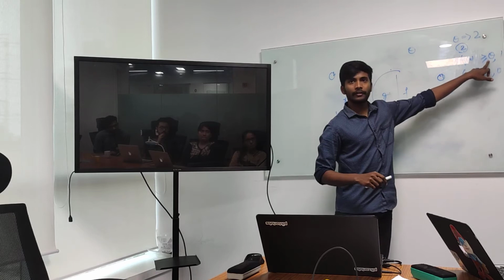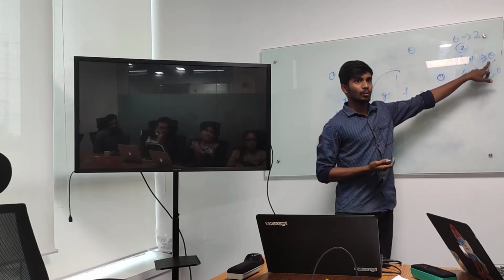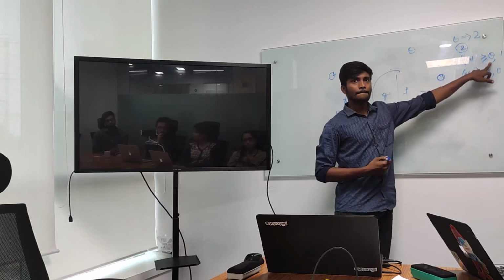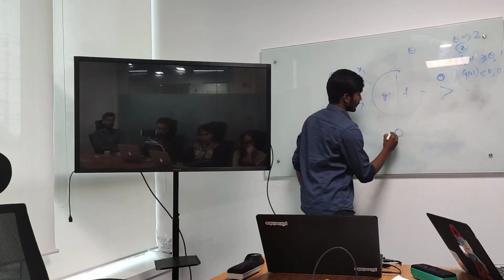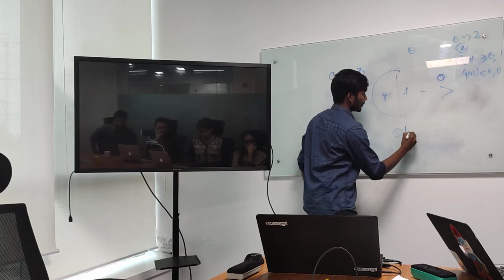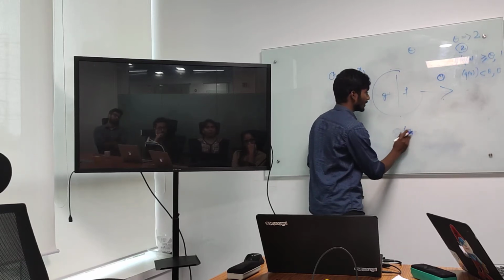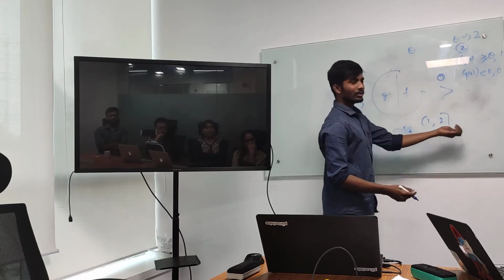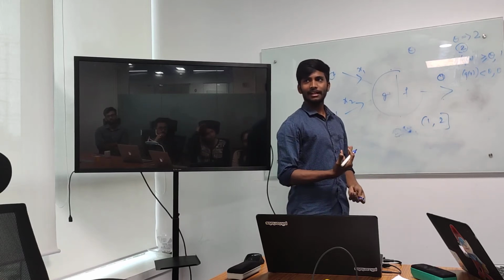Even if I put 1.5, will it work? It will work, right? So any value between 1 and 2, 1 plus any value. So open 1 to closed 2, beyond 2 it doesn't go. Open 1 to closed 2 is a solution to this, right?